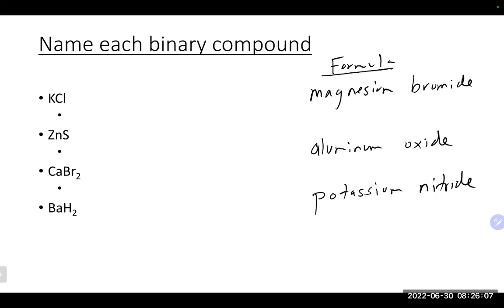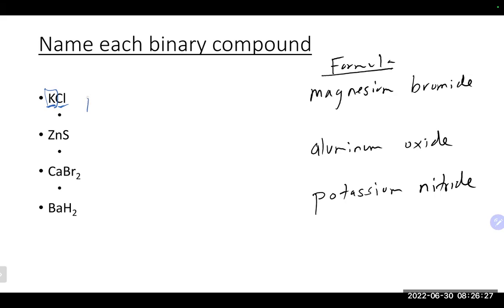Okay, let's take a look. Starting with the first one, we have K, which is potassium, that's a metal. Cl is a nonmetal, which is chlorine. So that tells us it's an ionic compound. We would turn our focus to the metal, which is potassium, and we know that it is group number 1, so it has a fixed charge. So really that's all we need.